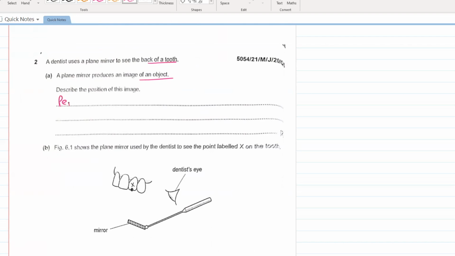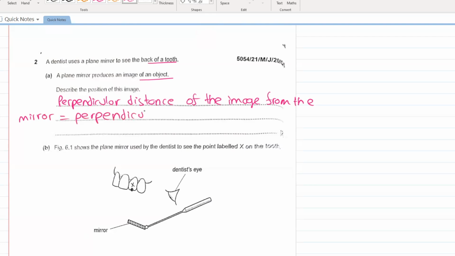The perpendicular distance of the image from the mirror is equal to the perpendicular distance of the object from the mirror.